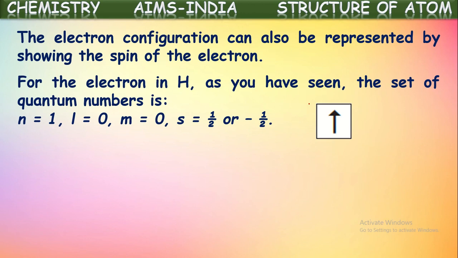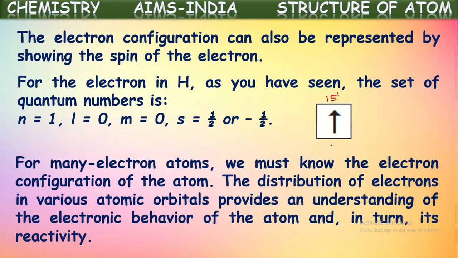This box represents the s subshell, containing one orbital, and it is in the first shell, so we say 1s. In this there is only one electron, shown with the upward arrow mark, which represents a single electron with clockwise spin. So it can be written as 1s1, or the box with one electron in the upward direction, both representing the electronic configuration of the hydrogen atom.